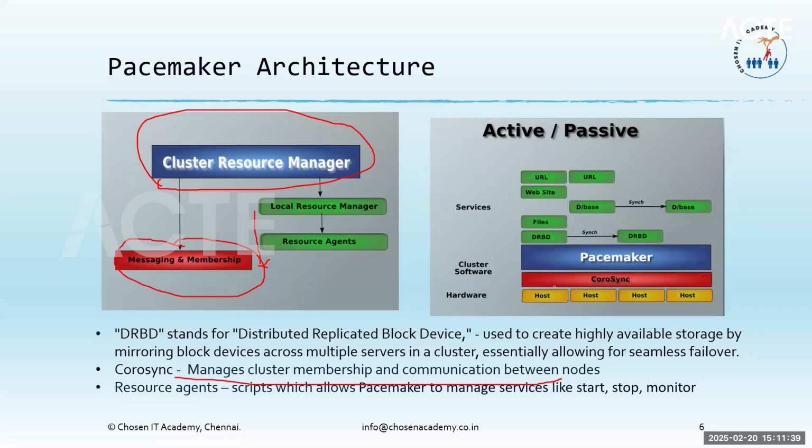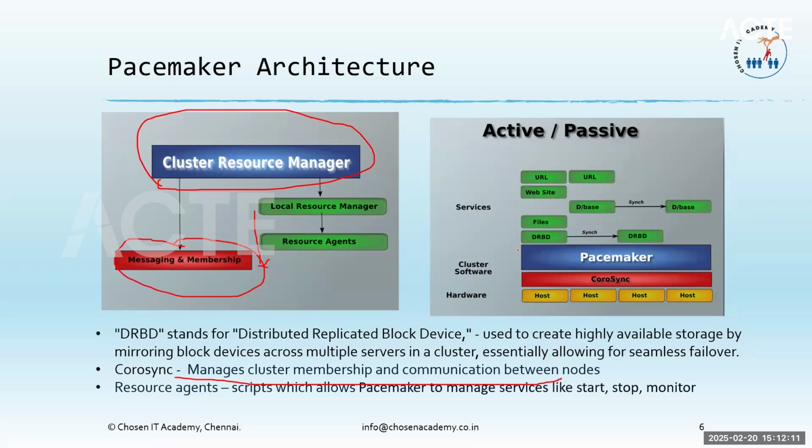On top of it we have the Corosync layer, which takes care of communicating between these hosts, monitoring all of them for the healthiness of the node. On top of it we have Pacemaker, the actual cluster software managing all the resources. Above that we have all the services.